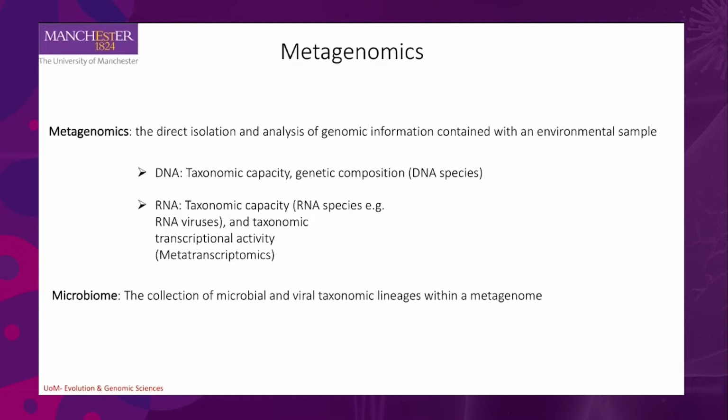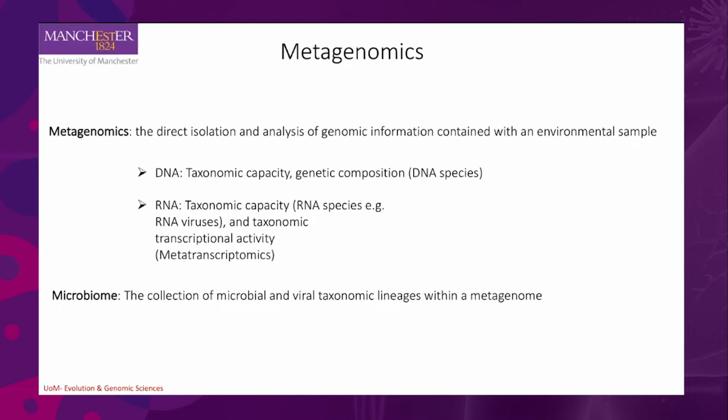And exactly because we isolate nucleic acids, we can isolate DNA and RNA. From the DNA, we get the information about the taxonomic capacity of the assembly. So which species are present there. And of course, we can get information about the genetic composition of those species.